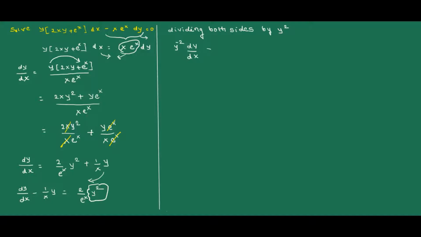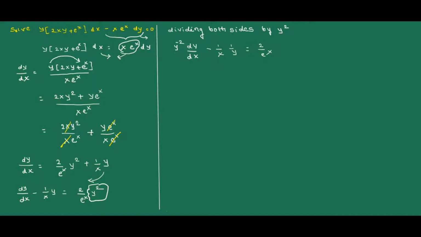Minus, here if you divide the second term by y square, one of the y gets cancelled. So we are left with 1 divided by y, that is minus 1 divided by x into 1 by y is equal to 2 divided by e raised to x.